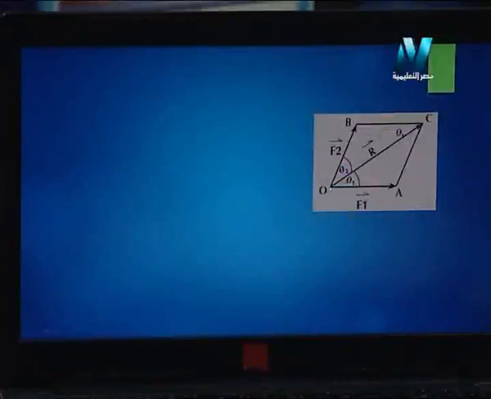So concentrate with me. Let's go to the first slide. This is lesson 2, forces resolution. We have here the resultant R, and theta 1 is the angle between R and F1, and theta 2 is the angle between R and F2.